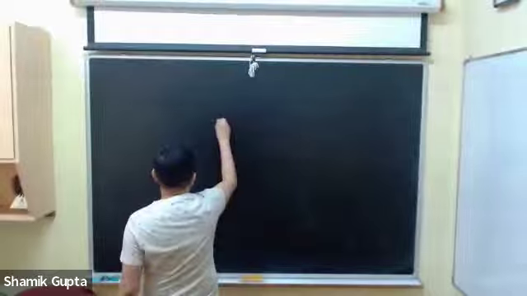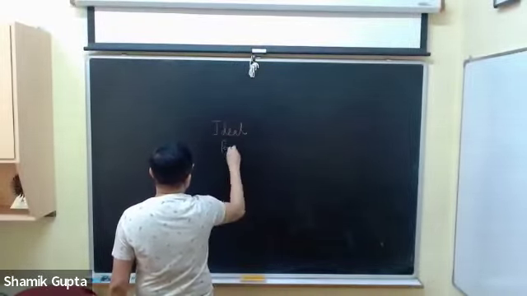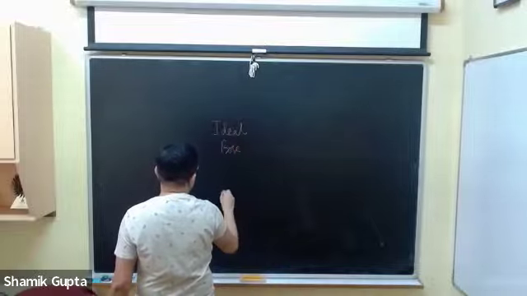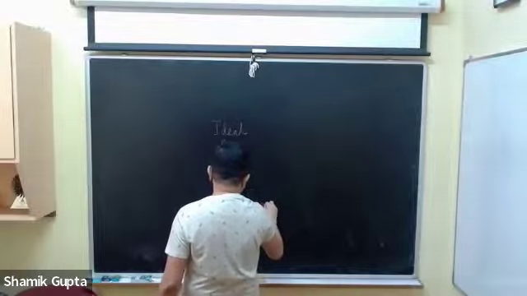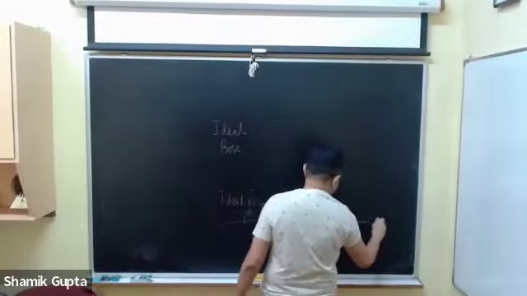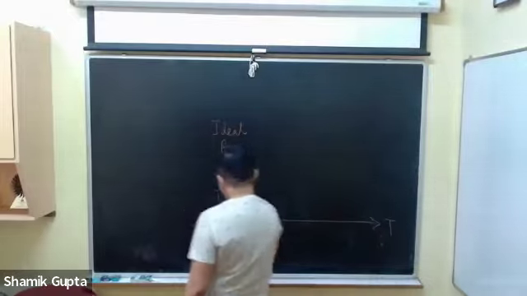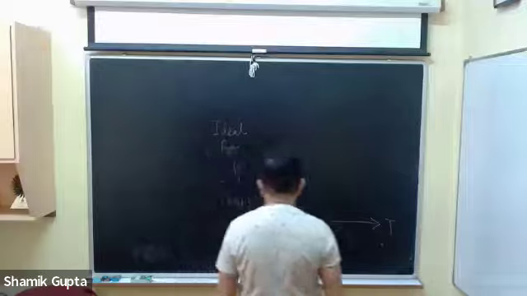We can summarize what we learned. So we learned that there is this ideal Bose gas and ideal Fermi gas. You can say this is my temperature axis. When the temperature is very close to zero, the two are very, very different.